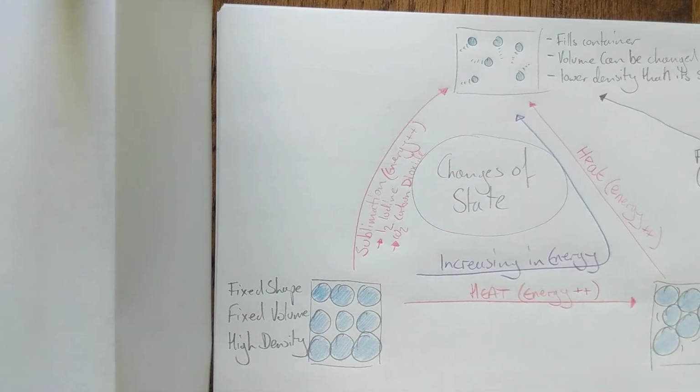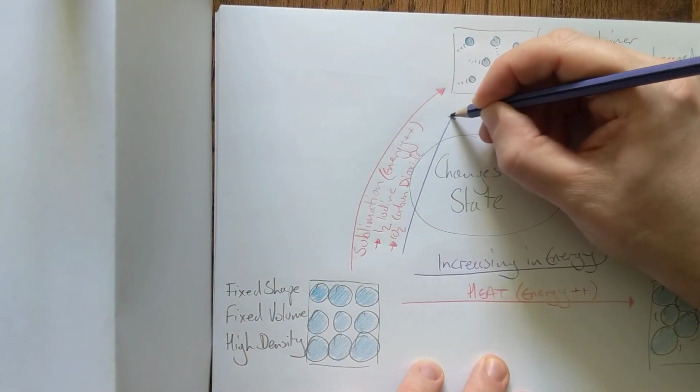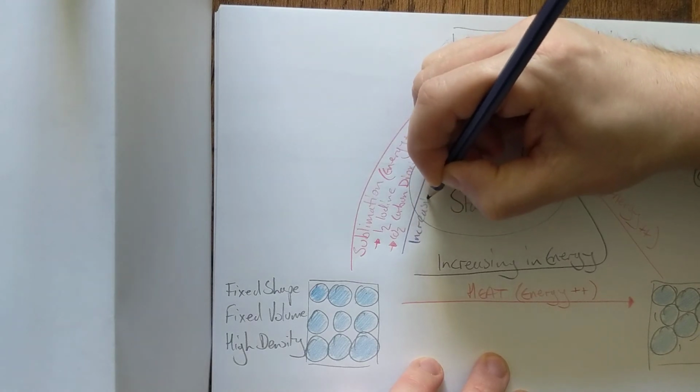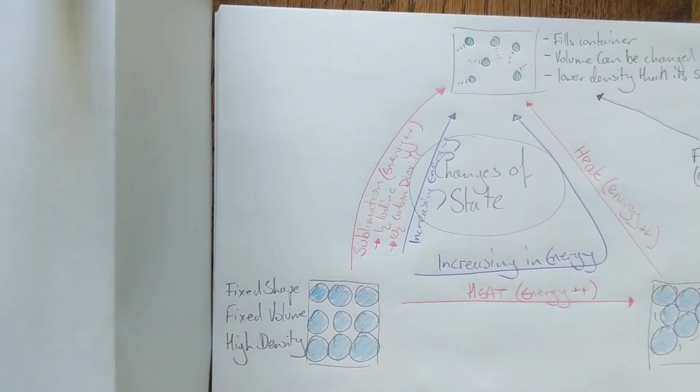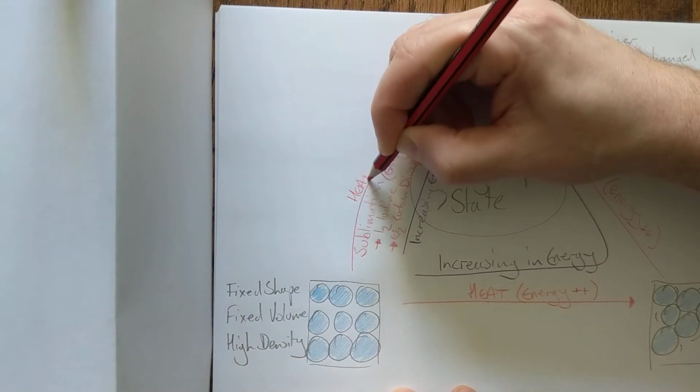And again, I'll get the old purple pencil out here. That is increasing energy. So what we need to know are the terms. We've learnt sublimation, and we're again adding heat to that.